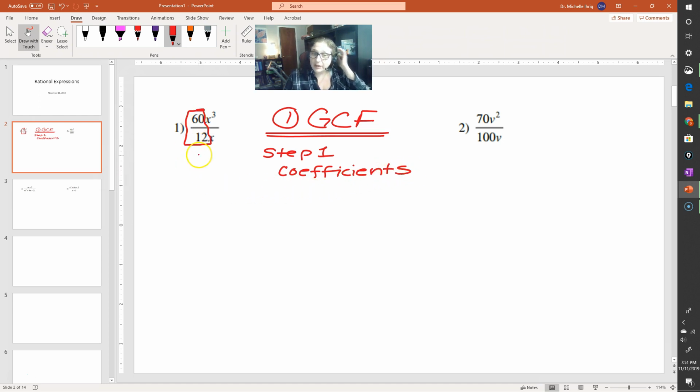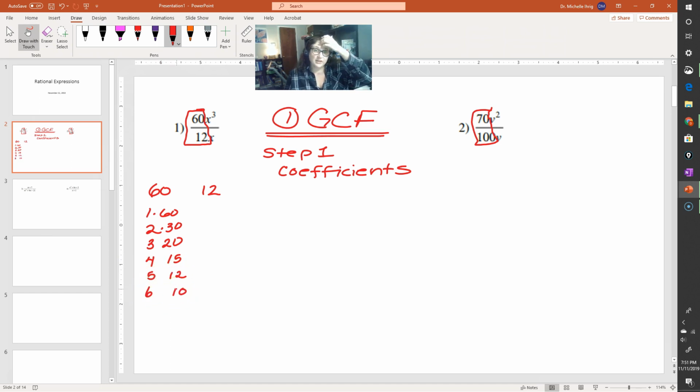So here, my coefficients are 60 and 12. What do 60 and 12 have in common? Here, my coefficients are 70 and 100. What do 70 and 100 have in common? Now, if you knew your math tables, you can get 1 and 60, 2 and 30, 3 and 20, 4 and 15, 5 and 12, and 6 and 10.